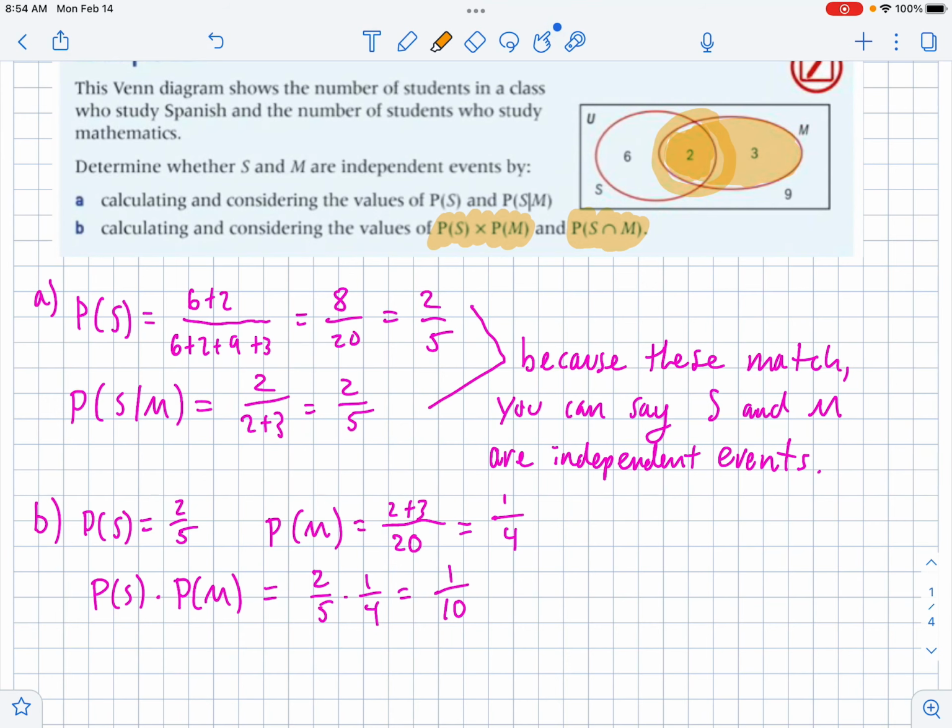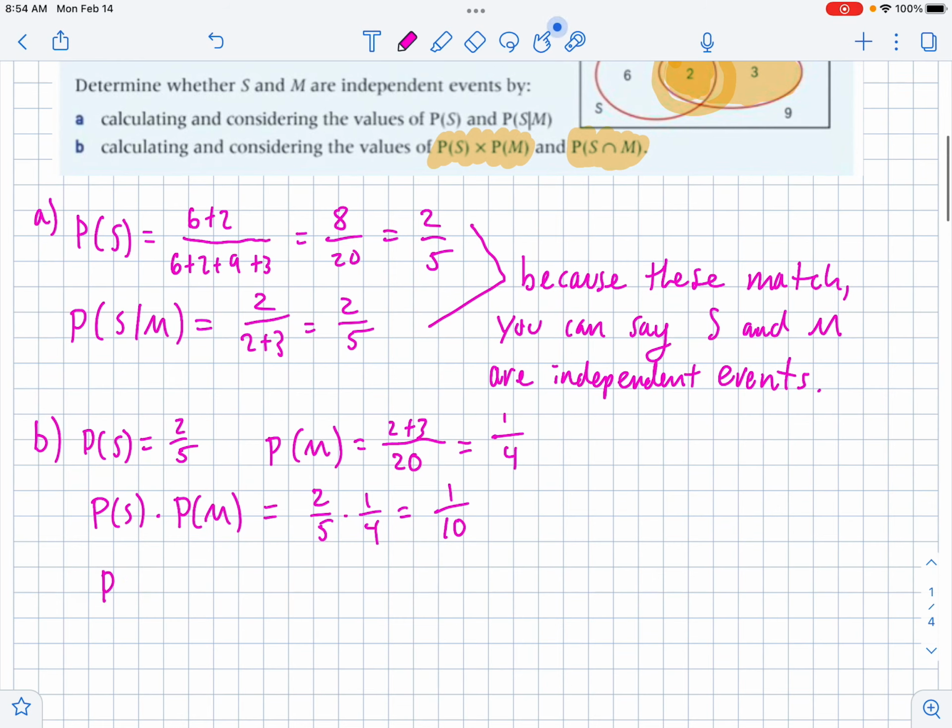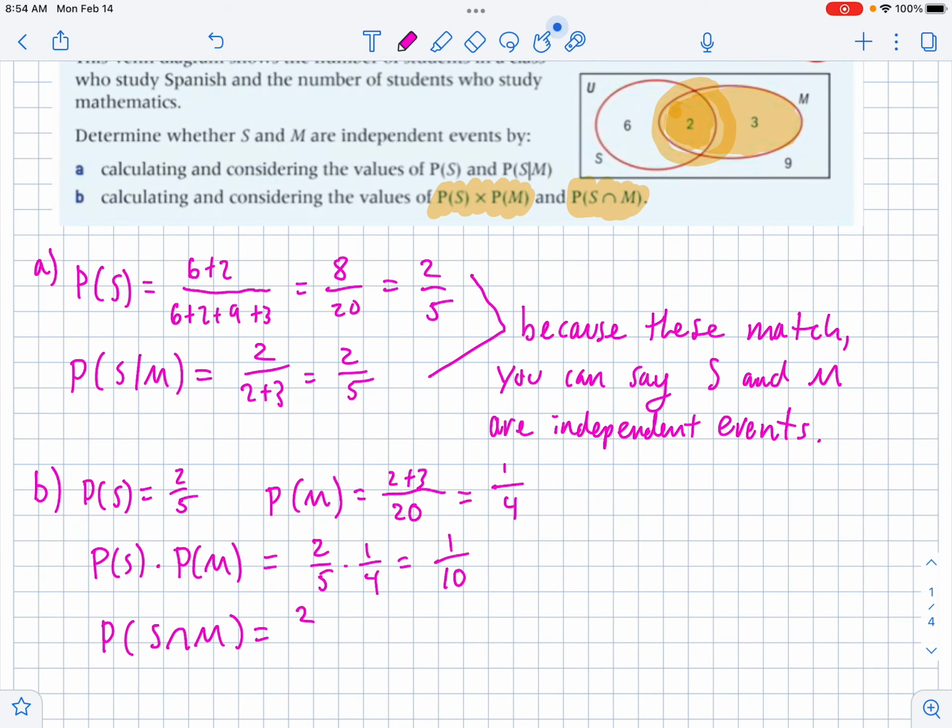Remember, the intersection is the space shared in between them. So the probability of S intersection M is 2 out of 20, which also equals 1/10. Because these are the same thing, this is an alternate way of showing that S and M are independent events.